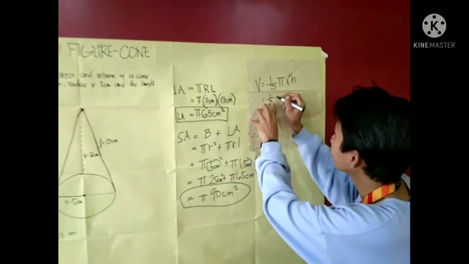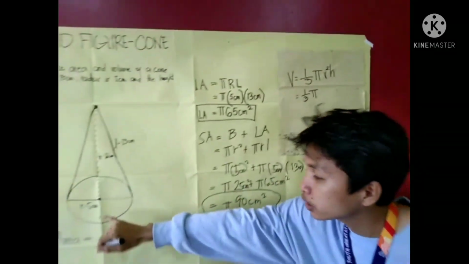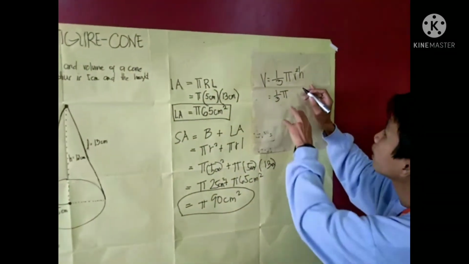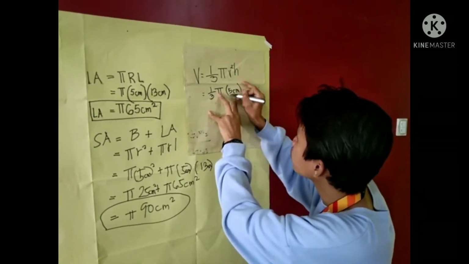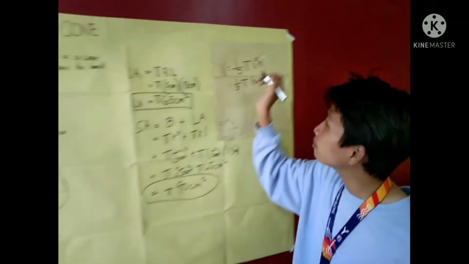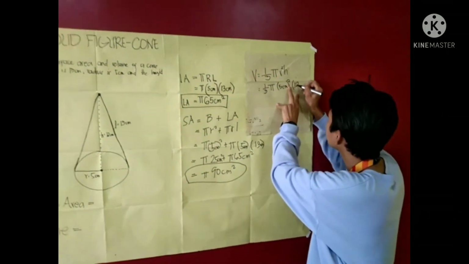Just copy one third and pi, and substitute the radius, 5 centimeters, squared, and then the height, times 12 centimeters.